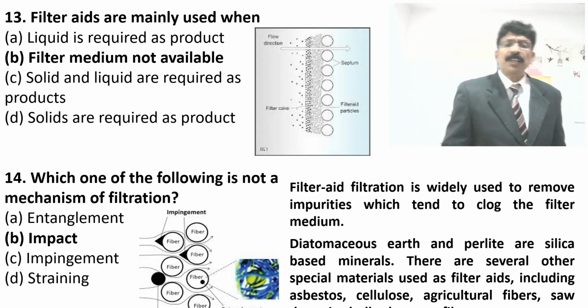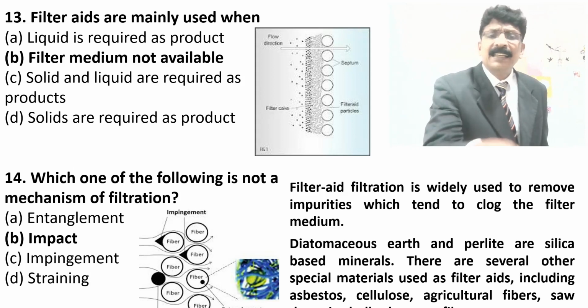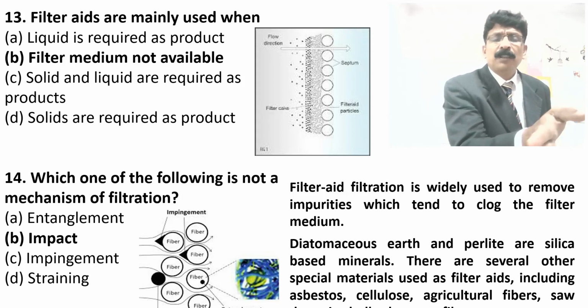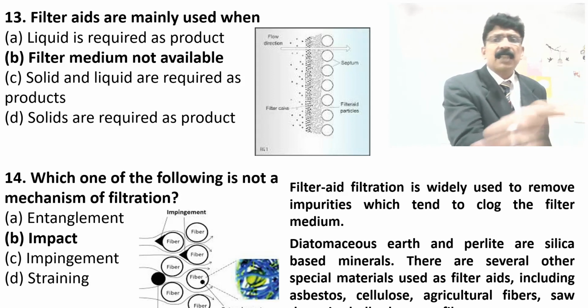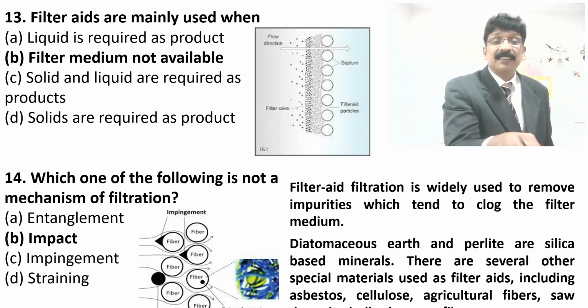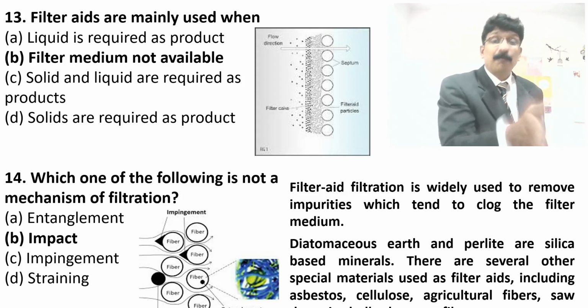So you see fibers present in the filter medium. When the liquid is passing through, the solid materials are stopped by the fibers, and there is a triangle shape first, and sometimes a round shape also, that is straining, which will block and make cakes.